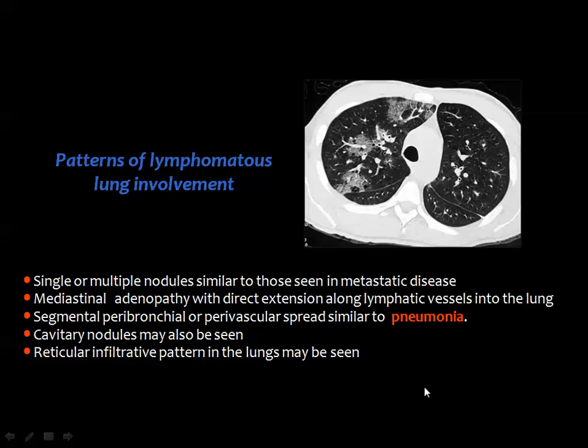And then this CT scan, and you see these areas of ground glass veiling and patchy alveolar consolidation with some air bronchogram inside, exactly similar to pneumonic patches.